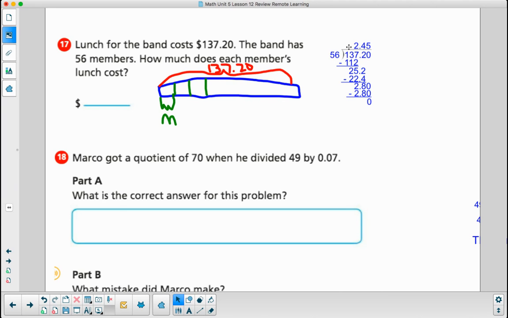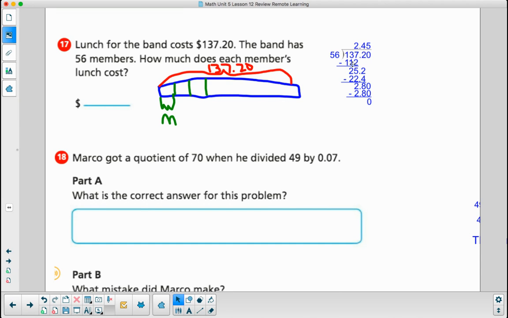There was no 56 in 1 or 13, but in 137 there are 2 of them. 2 times 56 gave me 112. So when I used 112 for those 137, I had 25 left. I brought down my 2 tenths. 25 and 2 tenths divided by 56.